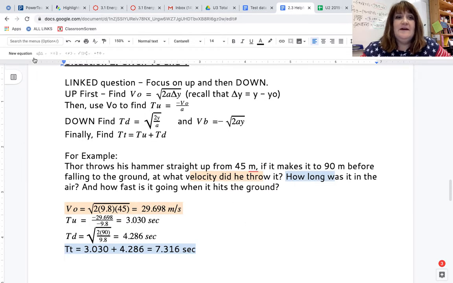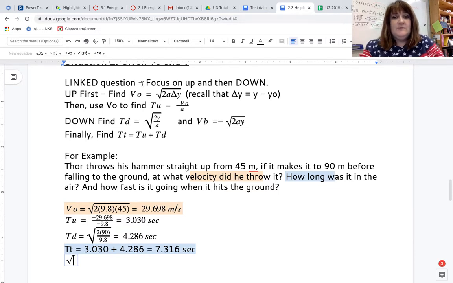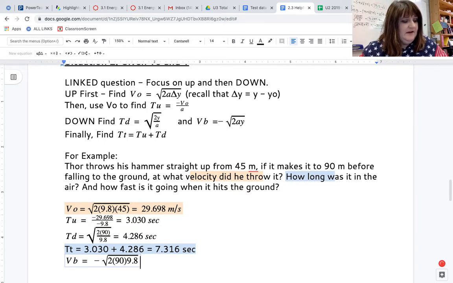Finally, then, we want to find the velocity at the bottom. Velocity at the bottom is the square root, VB is equal to the negative square root of 2 times 90 times 9.8. Okay, so square root of 2 times 90 times that 9.8 should be 42 meters per second, and that is a negative 42 meters per second.